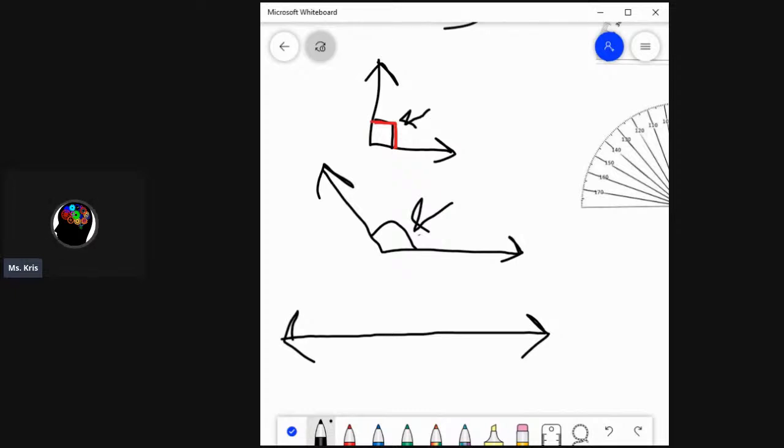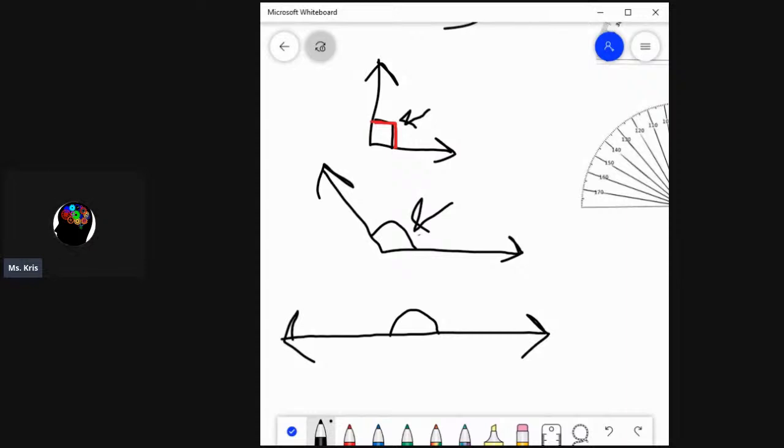It has a perfect circular arch and it goes in two directions forever and a day. So whenever you are measuring and it says this angle is exactly 180 degrees, you can either call it a straight angle or a straight line. But know that it's 180.